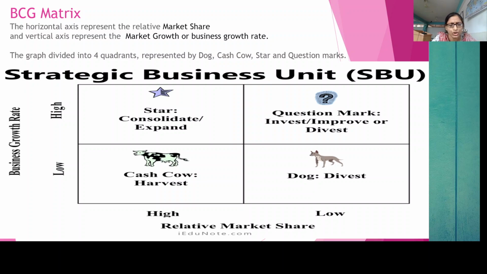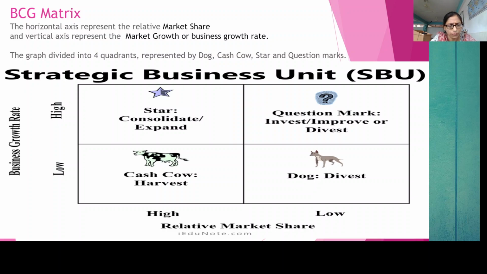This is quite a maturity stage where the product is lying. The product is in a mature state.